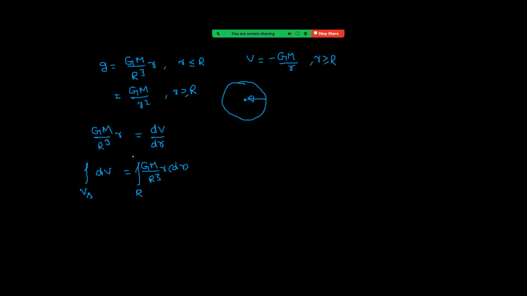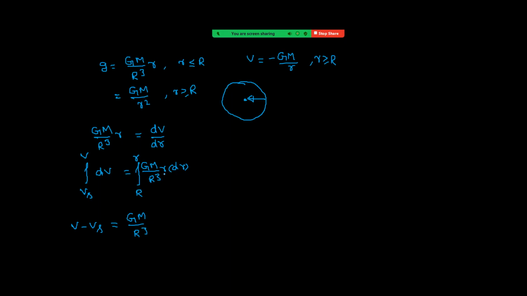And take one point inside, that is small r, corresponding potential is V, which we have to calculate. Now V minus Vs is equal to GM by R cube outside, remaining is r square by 2.